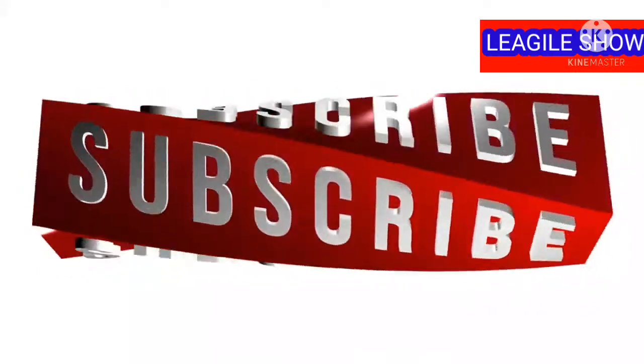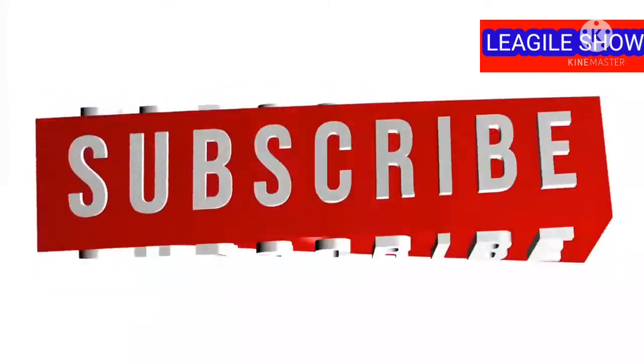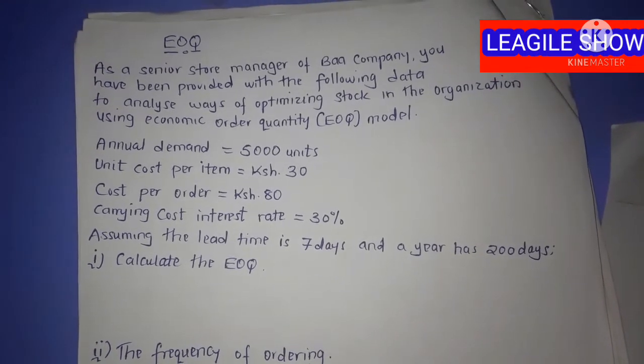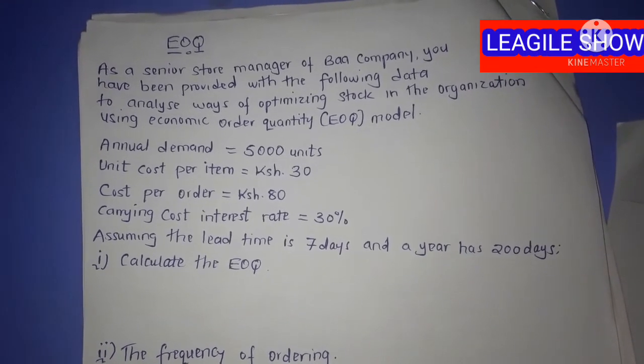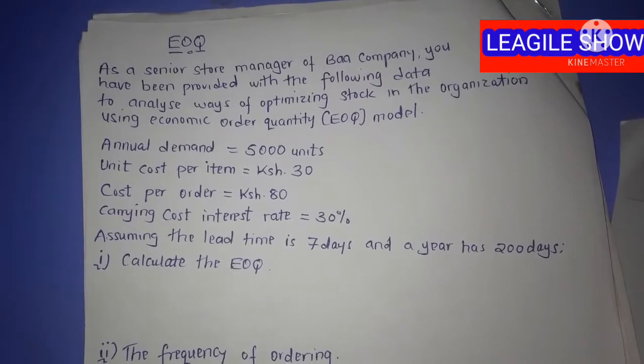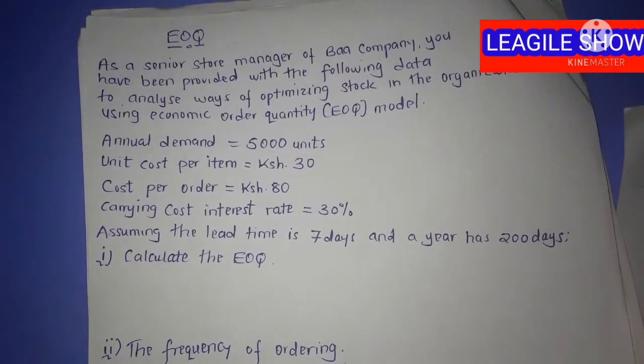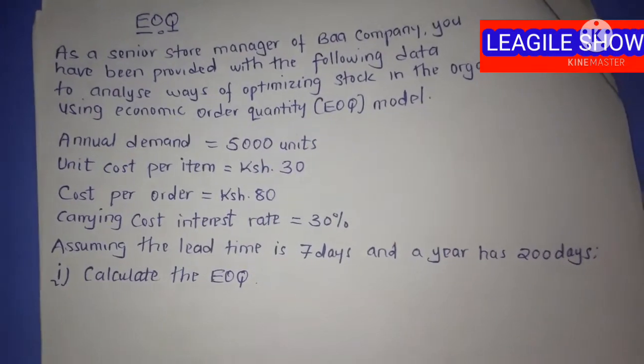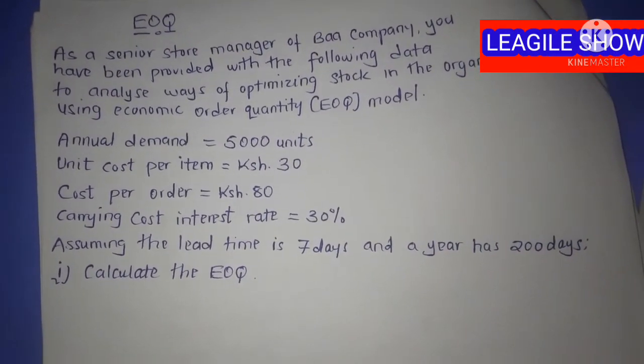So our question here is, as a senior store manager of a bar company, you have been provided with the following data to analyze ways of optimizing stock in the organization using the economic order quantity model.